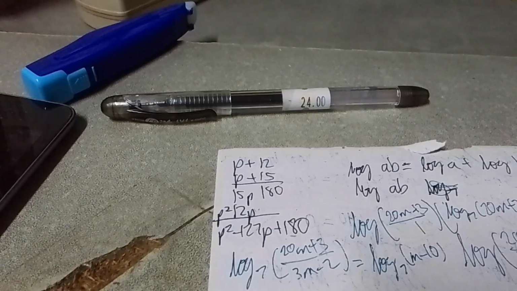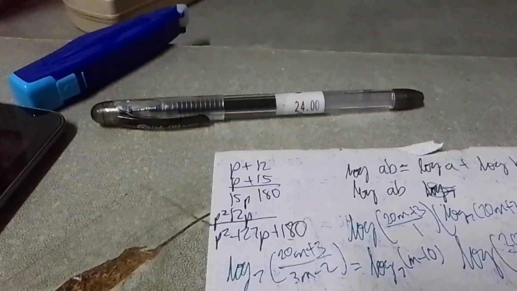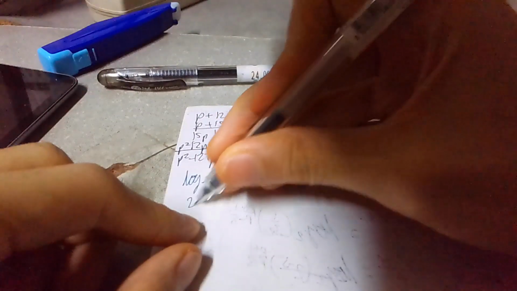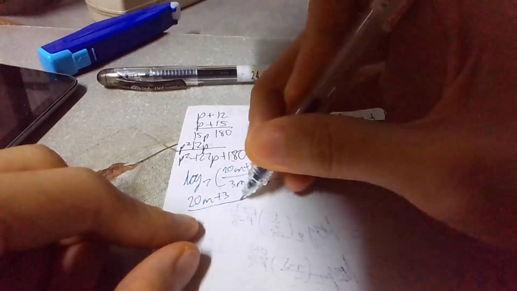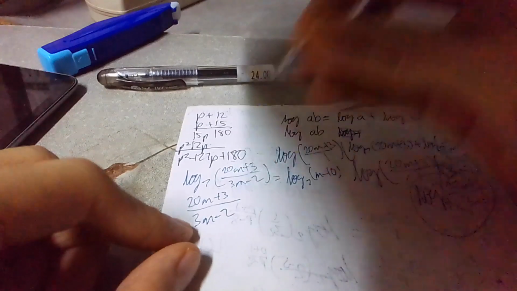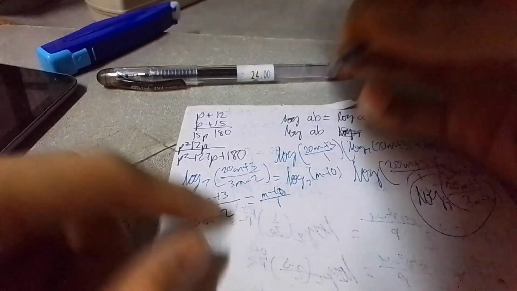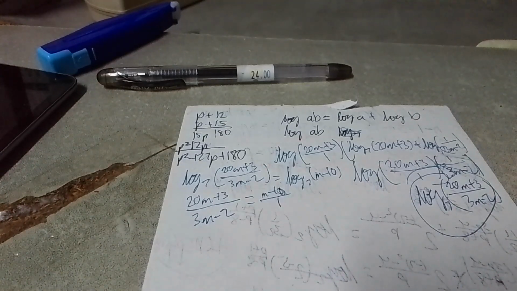If they're in comparison, we can eliminate the logs, and this can be written as 20m plus 3 divided by 3m minus 2 equals m minus 10 over 1. Now we can play the game called LCD if we want to, but I think it would be more convenient if we apply cross multiplication.